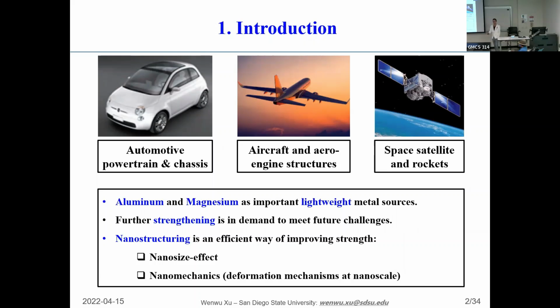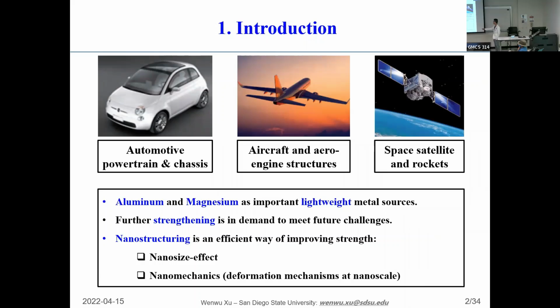So if we can reduce the energy consumption due to the lightweight design, it would give us a huge benefit. And of course, it is not only in transportation; in aerospace and space satellites, the employment of those lightweight metals would always give us additional benefits.